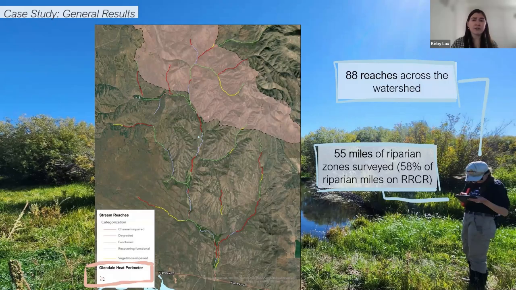It also included many surveys within the Glendale fire perimeter, which is a fire that burned a significant portion of the ranch and surrounding public lands in 2024, and which is shown by that light red color on the map.